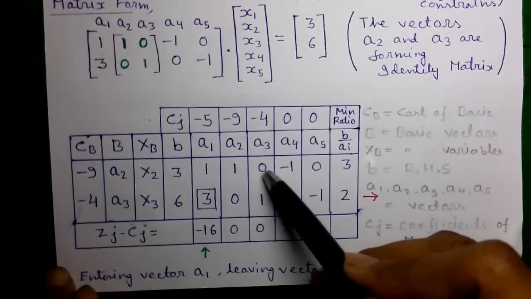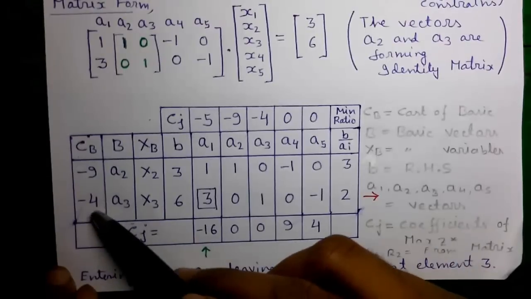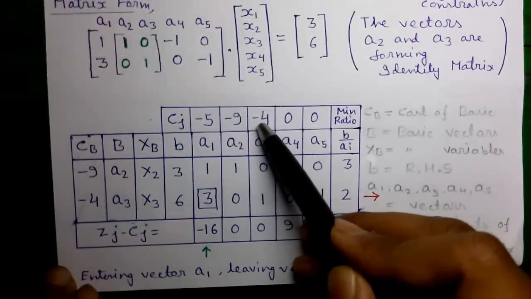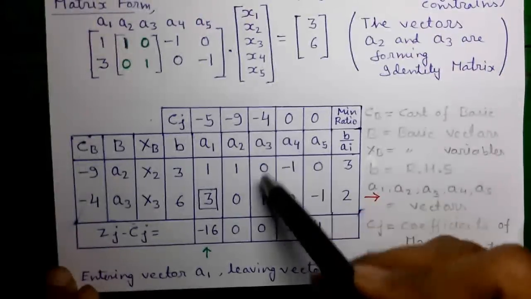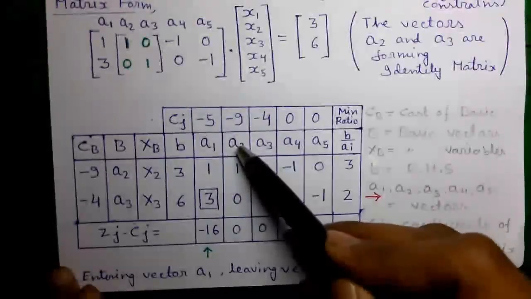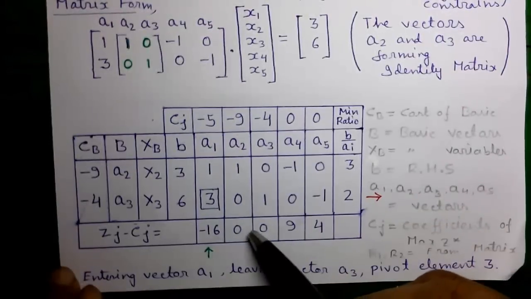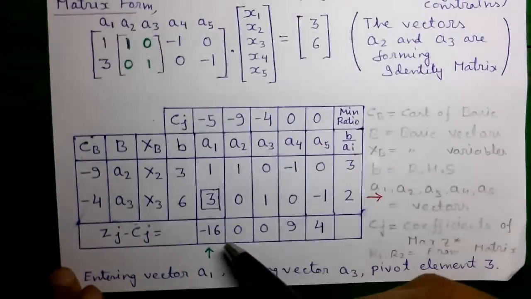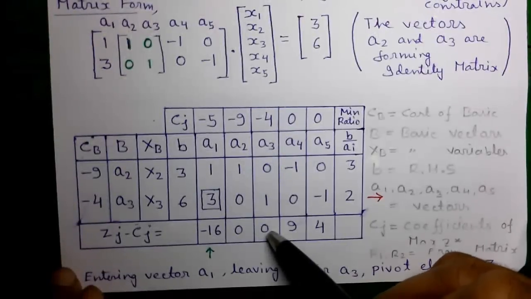Next for a3, 0 into minus 9 is 0, 1 into minus 4 is minus 4, minus of minus 4, so minus 4 plus 4 equals 0, written here. One trick for you: always remember that for the basic vectors the zj minus cj value will be 0. Our basic vectors were a2 and a3, so the zj minus cj values belonging to them are 0.